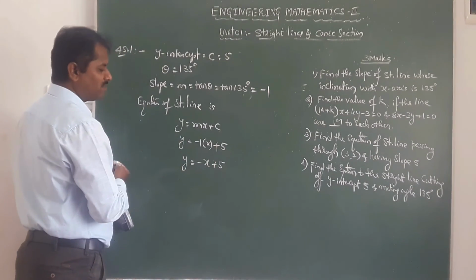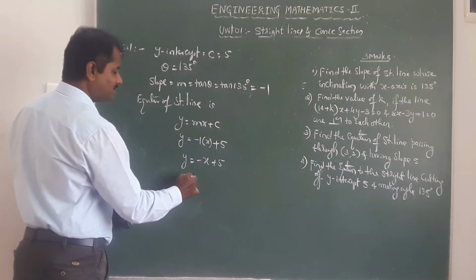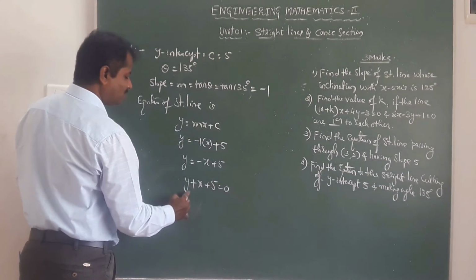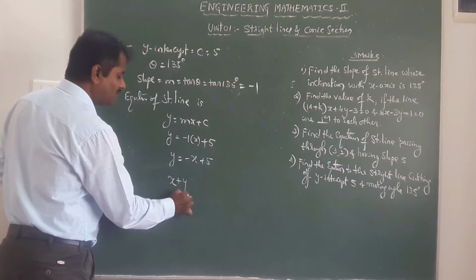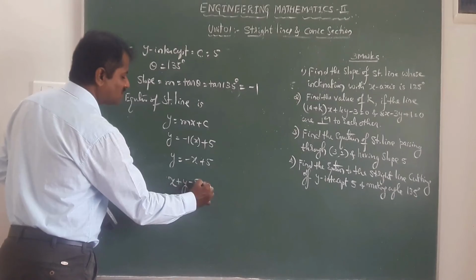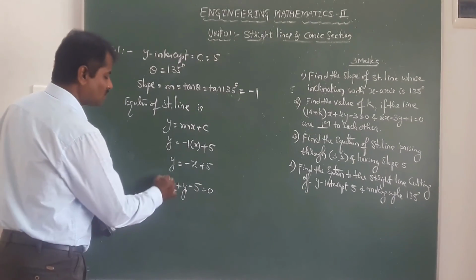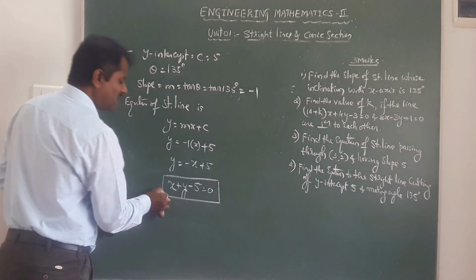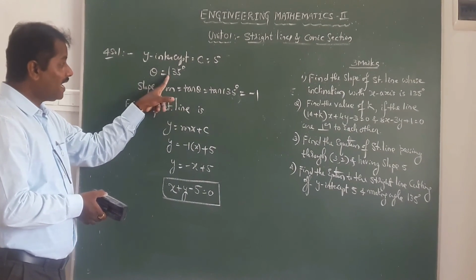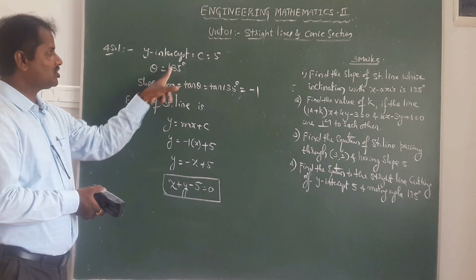If we take the minus x plus 5 to the left side, you will get x plus y minus 5 is equal to 0. And this will be the equation of the straight line if the angle of inclination and the y-intercept are given.